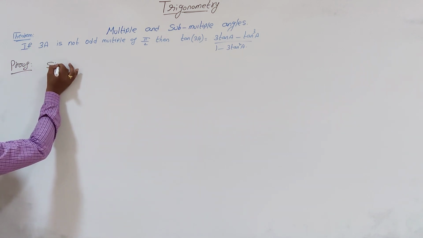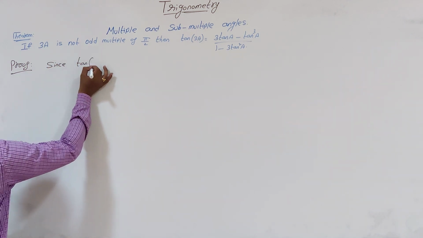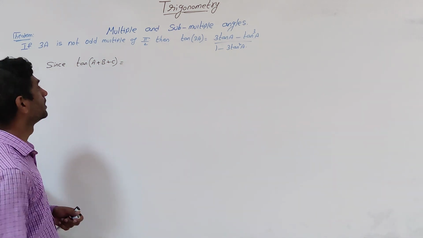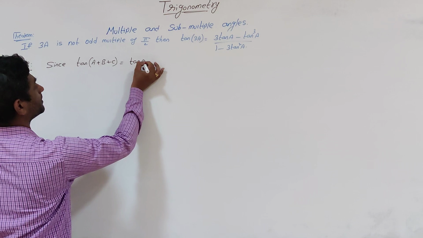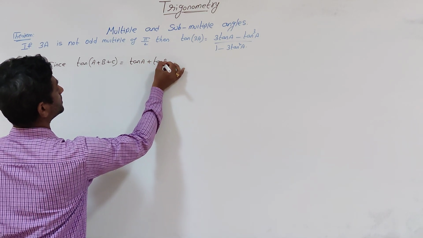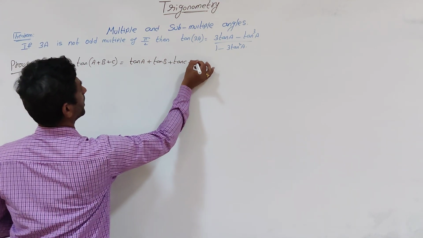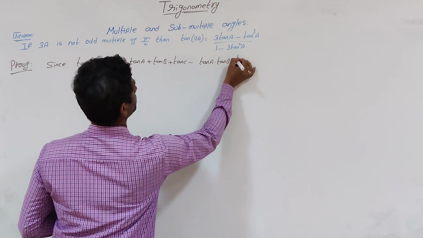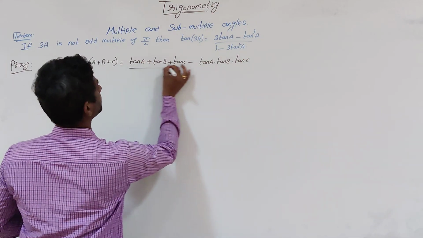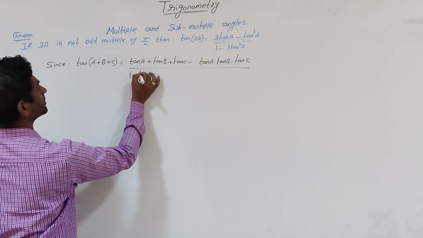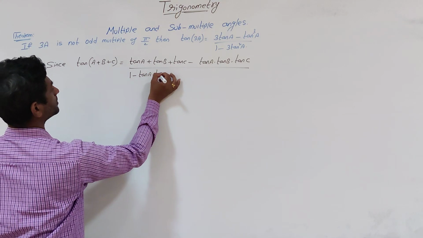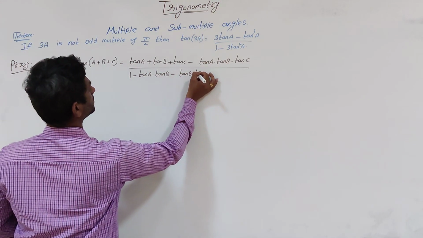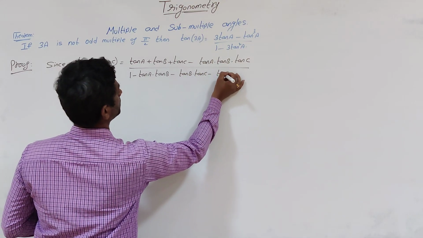Since tan of A plus B plus C, as we have already seen, is tan A plus tan B plus tan C minus tan A into tan B into tan C divided by 1 minus tan A into tan B minus tan B into tan C minus tan C into tan A.